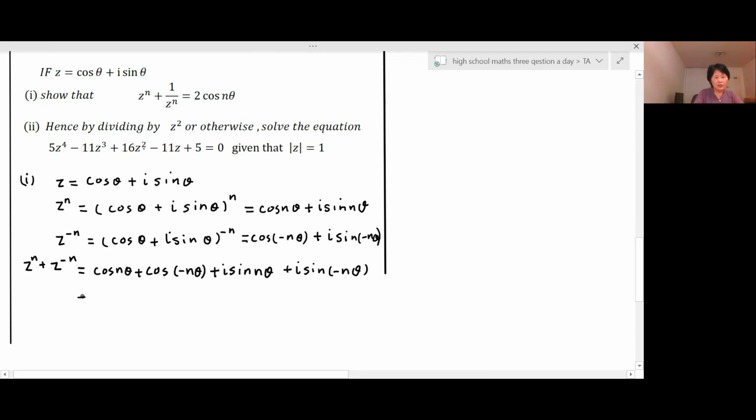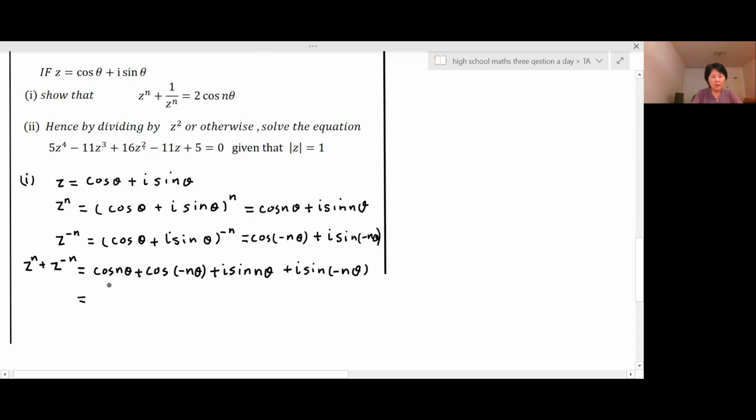Cosine minus n theta equals cosine positive n theta. Why? Because cosine is an even function. Even function, you put the minus and it will be the same as positive.